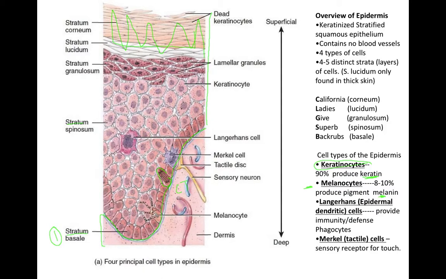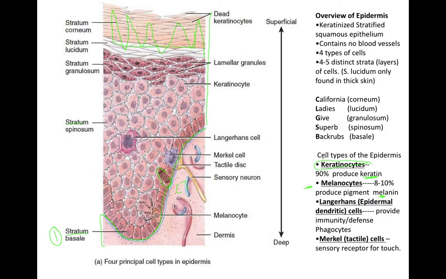What's different is the amount of melanin they produce. And we'll talk about why this melanin is protective. I have another picture for you of that. But these melanocytes sit down here in the stratum basale. They're making their pigment. And you're also going to find melanocytes in this next layer up too.